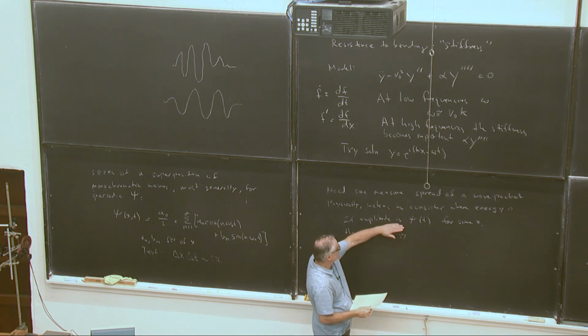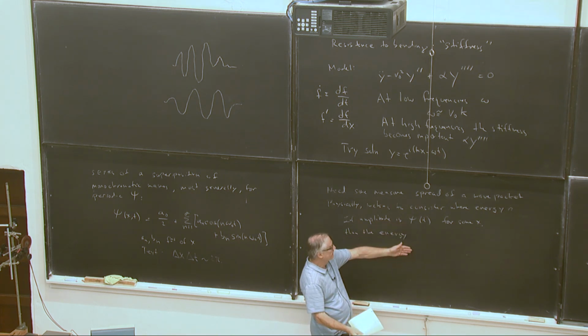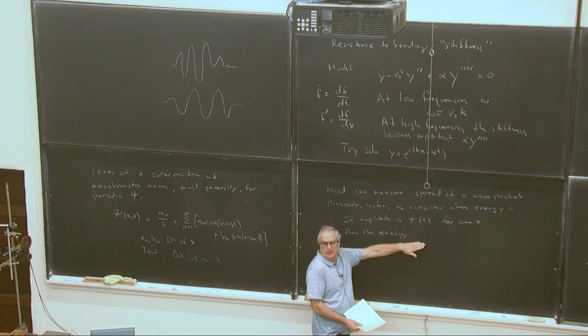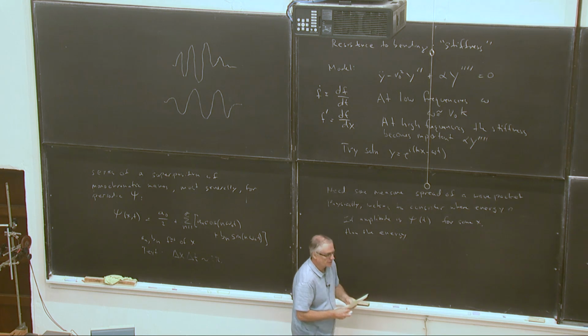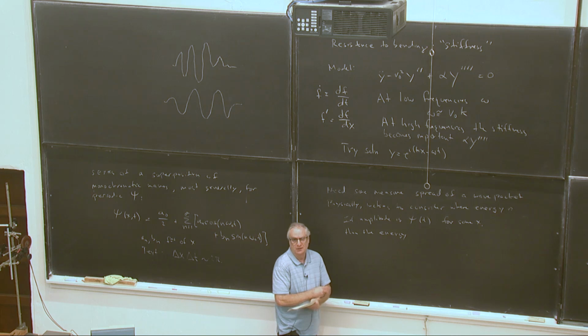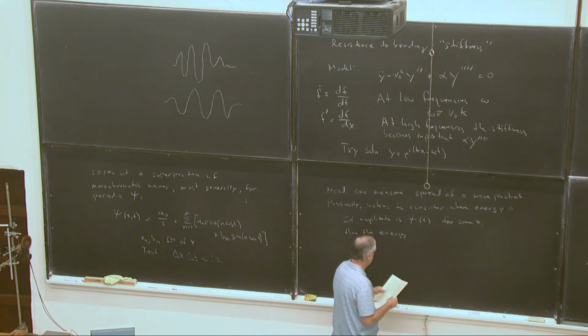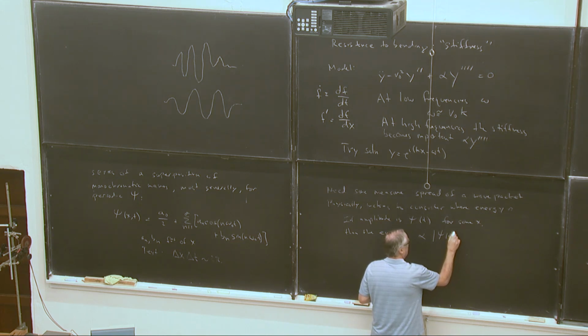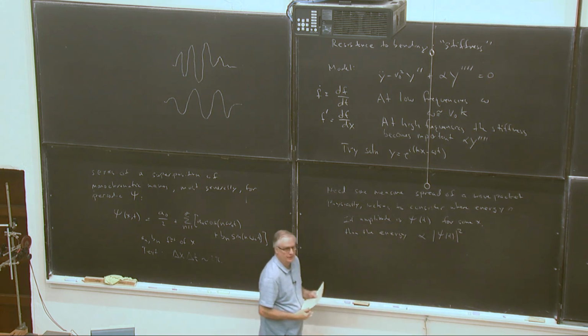For example, if we're describing a light wave, then the amplitude is described by how big the electric field is, and it's the square of the electric field that gives you the energy density in your wave. Okay. And when we did our strings, we saw that the energy went like the square of the amplitude of the motion of the string. So the energy density is proportional to the square of that.